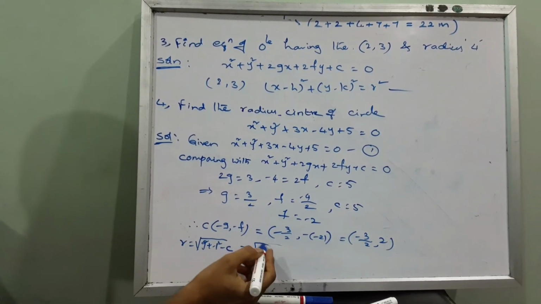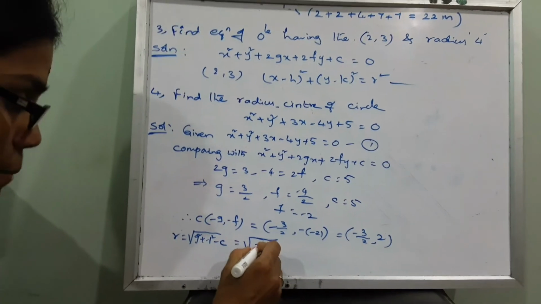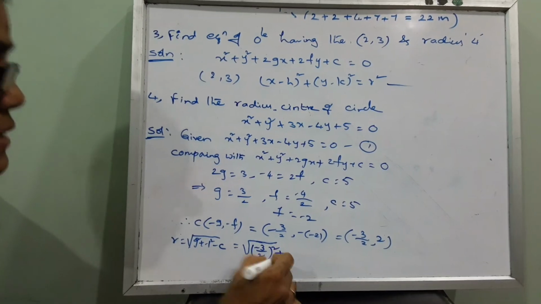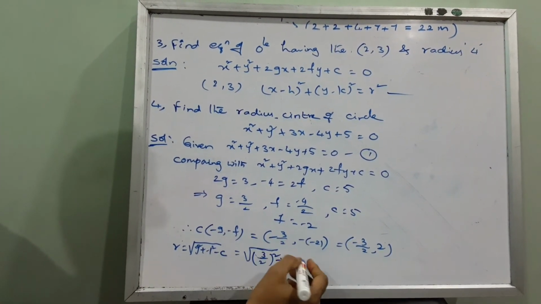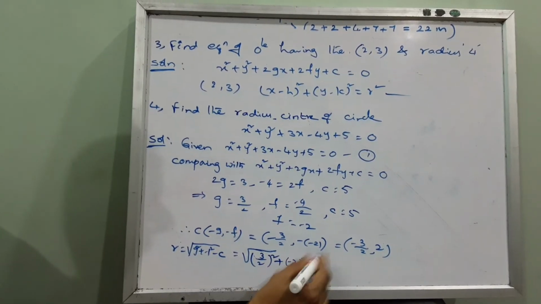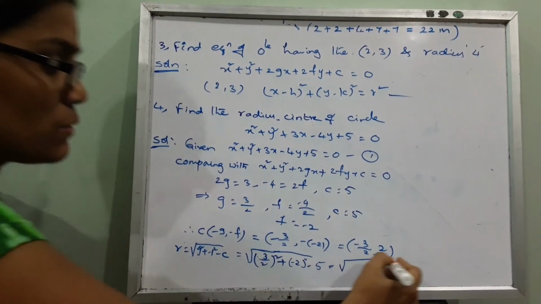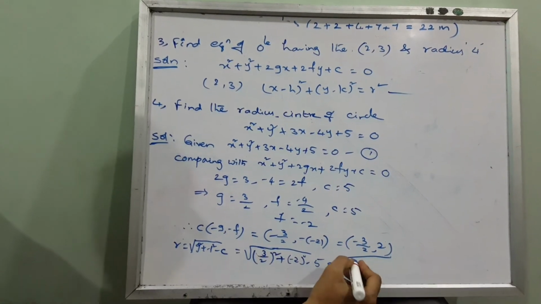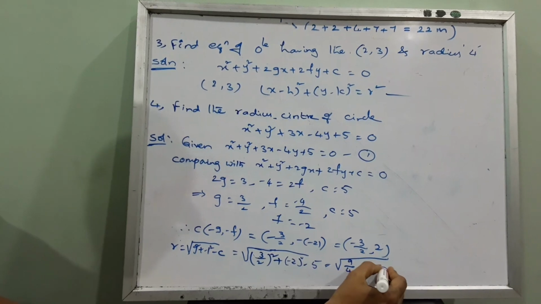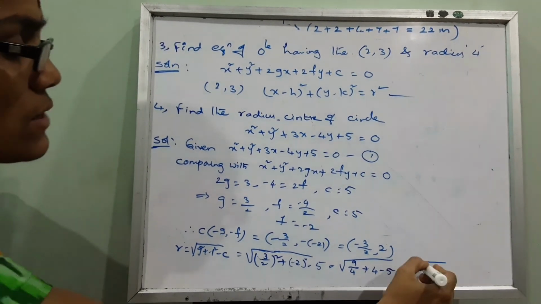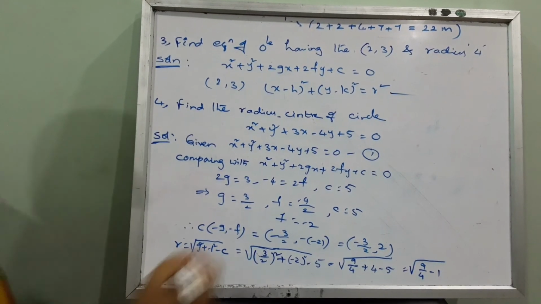Under root, here minus 3 by 2 whole square plus f square, minus 2 whole square, minus c, which is equal to root of 3 by 2 whole square, which is 9 by 4, plus 2 square, 4, minus 5, which is 9 by 4 plus 4 minus 5, minus 1.